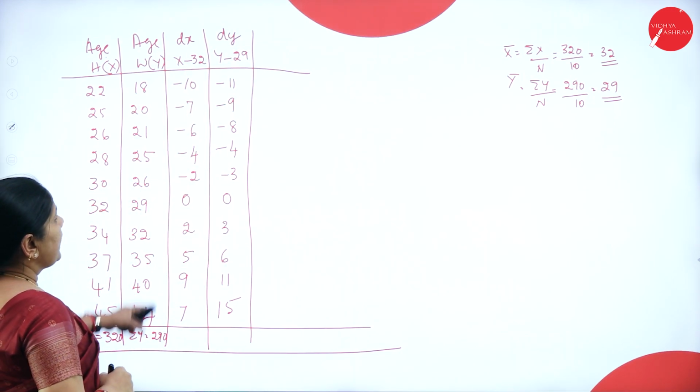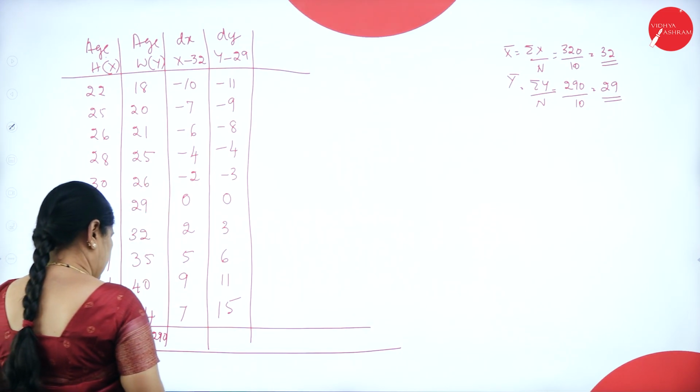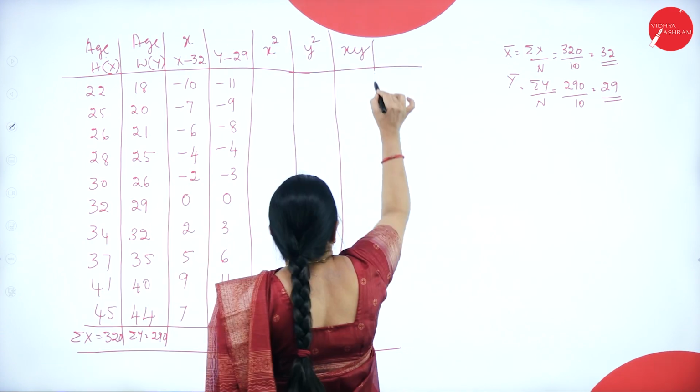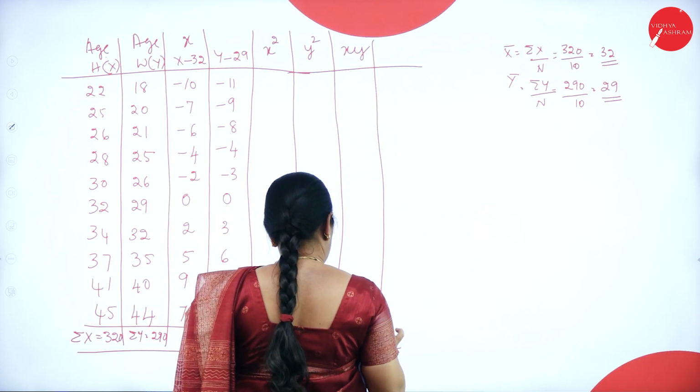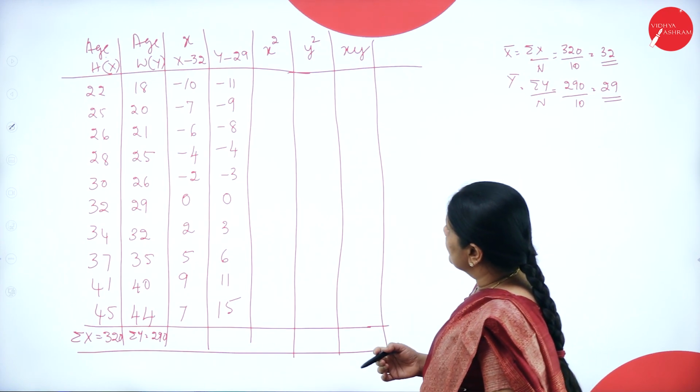Now I have to add all this to get sigma dx. So we have the x and the y columns here.